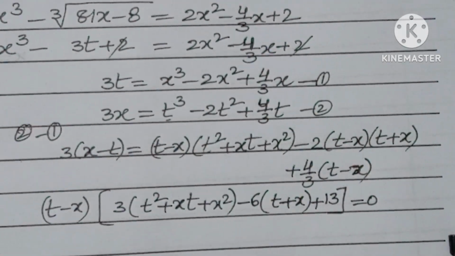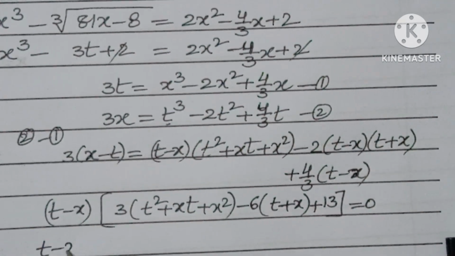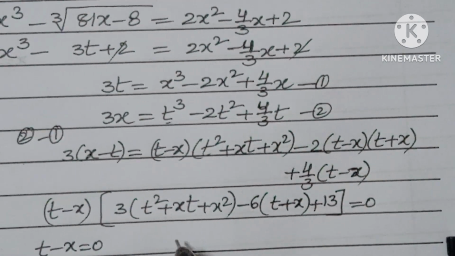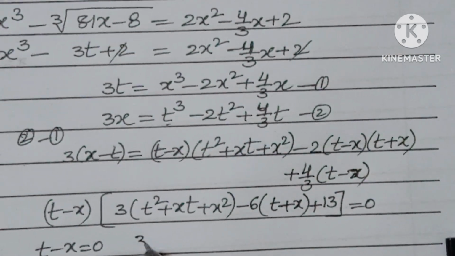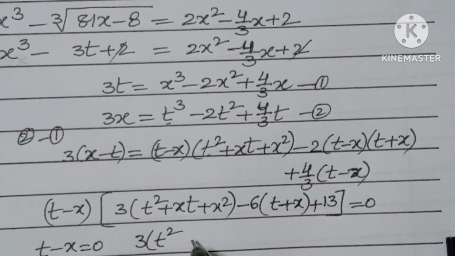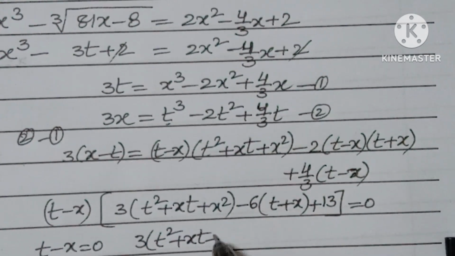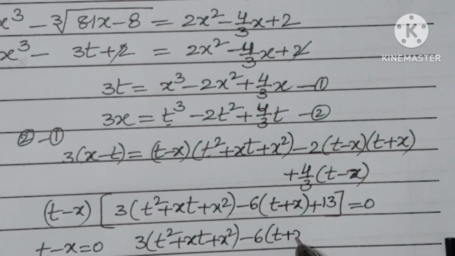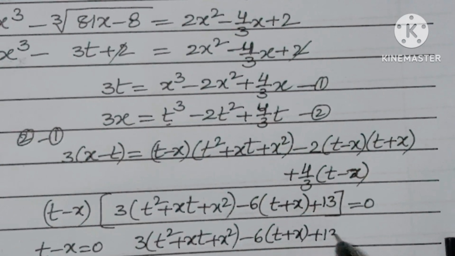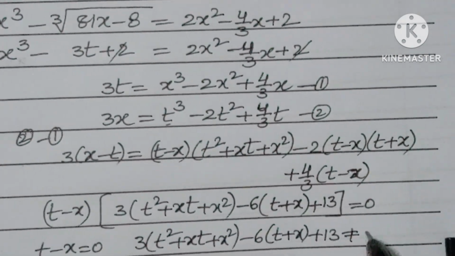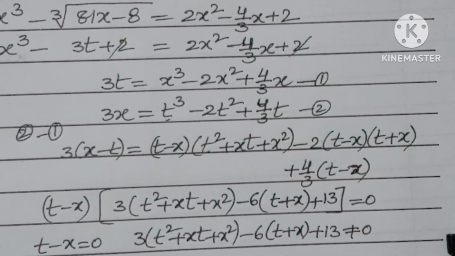Now t minus x equal to 0; the second term, 3 into t square plus xt plus x square, minus 6 into t plus x plus 13, cannot be equal to 0.